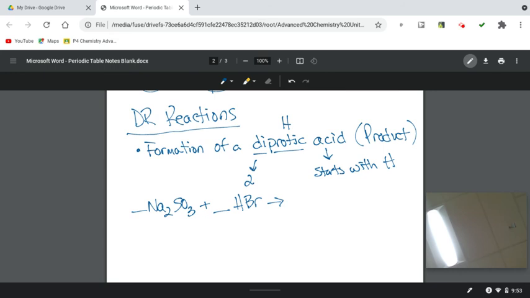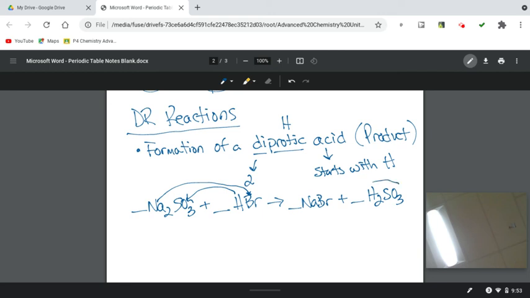So what's going to happen is sodium is going to go grab bromine, hydrogen is going to go grab sulfite, and you're going to get NaBr plus H2SO3.